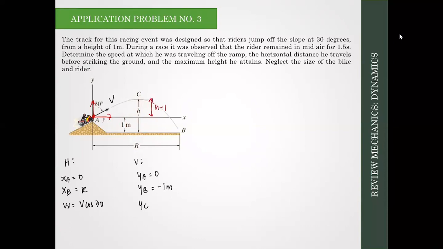Okay? Pero, nasa taas siya ng axis, kaya positive pa din yan. Okay? Then, Vy natin is the same na V sine 30. And then, time na given sa atin is 1.5 second, no? So, yun yung time na nandun siya, nakalutang siya sa air. Kaya sabi mid-air.